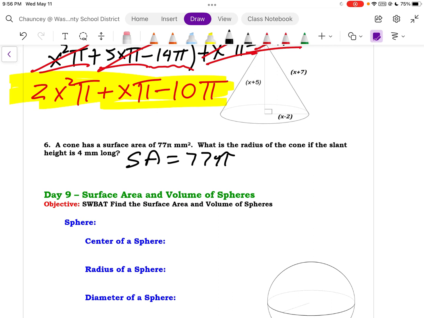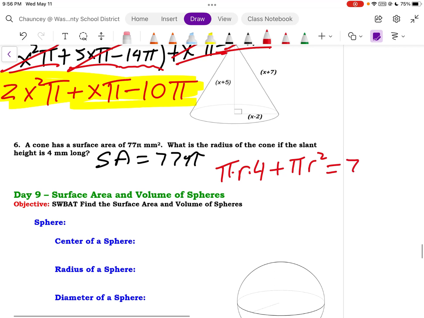Okay, so let's set this up. We have pi, we're looking for the radius. The slant height is 4. So we got pi times the radius times 4 plus pi times the radius squared, and it all equals 77 pi. Now we're just solving for r.